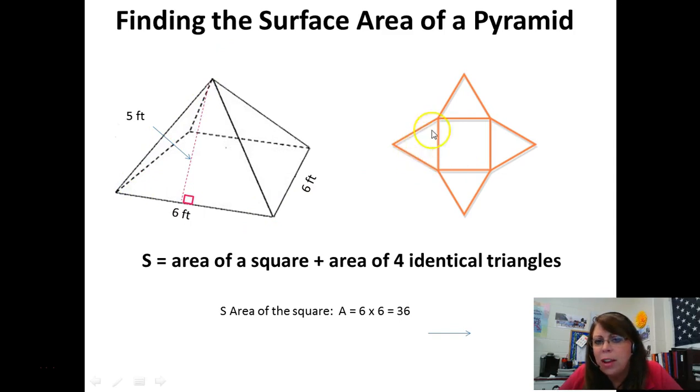Well, when we look at this sketch of the net, this is the three-dimensional figure, and this is the net over here, it looks like they're all identical. And considering that this is a square, if we didn't have identical triangles when we tried to fold it up into this nice 3D shape, it would be all wonky and crazy, and it wouldn't come to a perfect point.